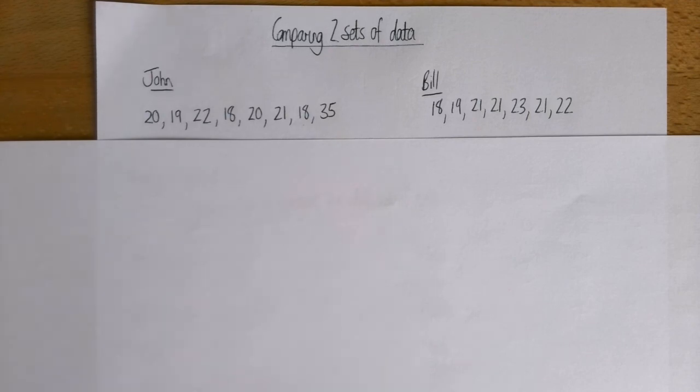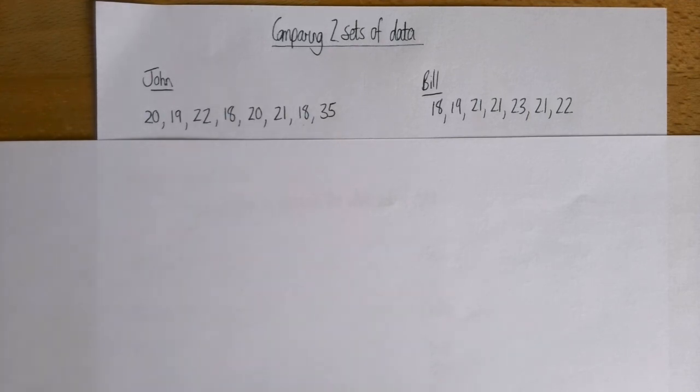So here we go. We're going to talk today about comparing two sets of data. I hope you're okay watching this video, and there's also an attachment with some questions and some answers. Listen to the end of the video because I don't need you to do all of the questions. So I want to tell you about two of my favourite students, John Doofus and Bill Geeksworthy.